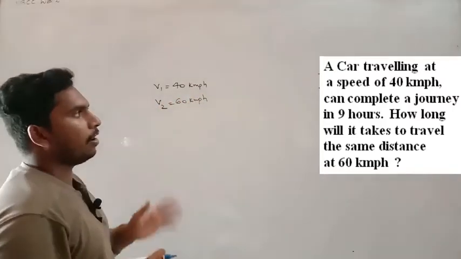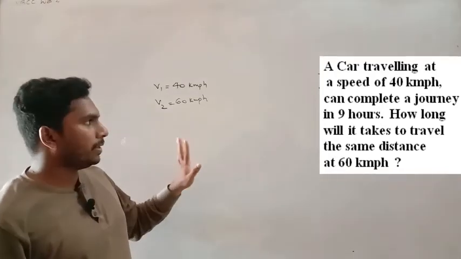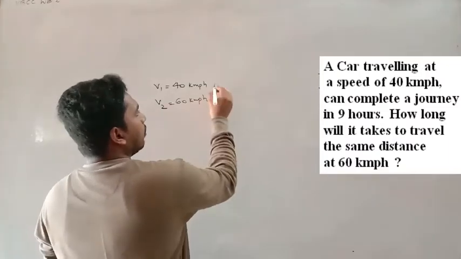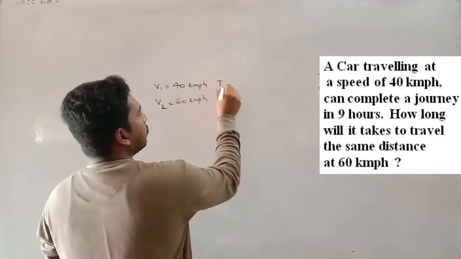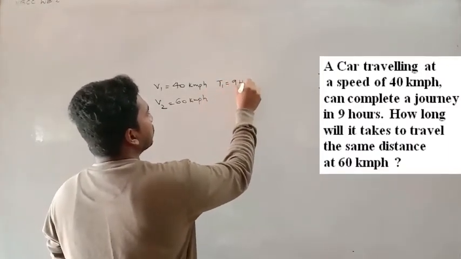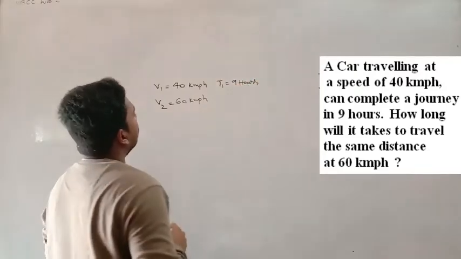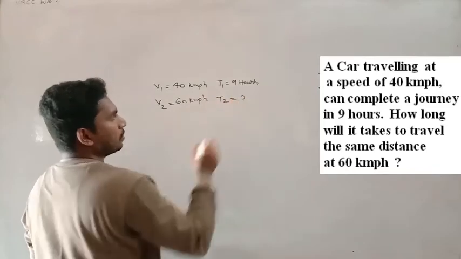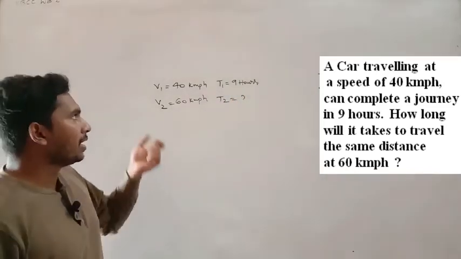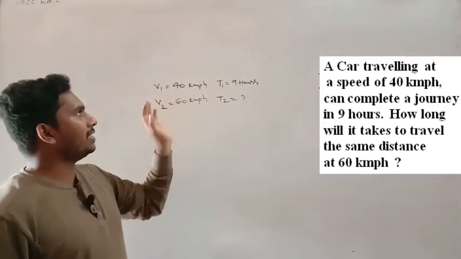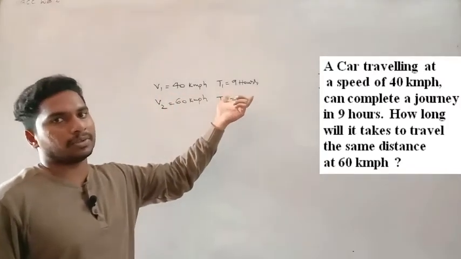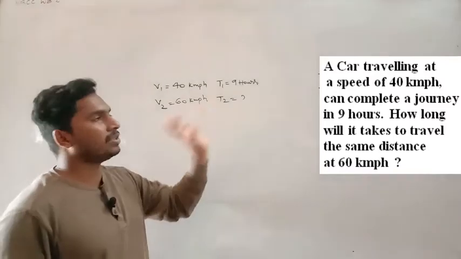A car traveling at a speed of 40 km/h can complete a journey in 9 hours. So the time that corresponds to v1 is 9 hours. Now they are asking to find the t2 value. If the car travels at this speed, it reaches its destination after 9 hours, so the journey time is 9 hours.